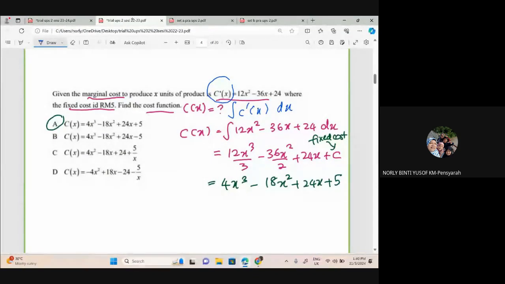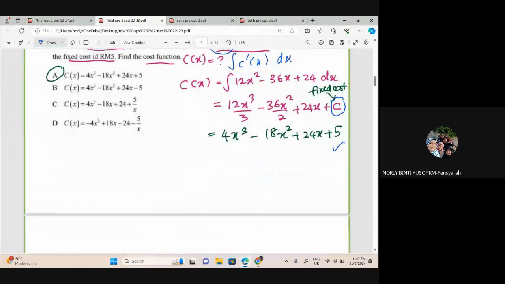So that's why you integrate the function respect to dx dan plus C, dan kena tahu C ni adalah fixed cost. Fixed cost tu diberi dalam soalan RM5. Then you can get lah the cost function, iaitu 4x kuasa 3 tolak 18x kuasa 2 tambah 24x tambah 5. Okay, that is for A, the choices of answers lah.